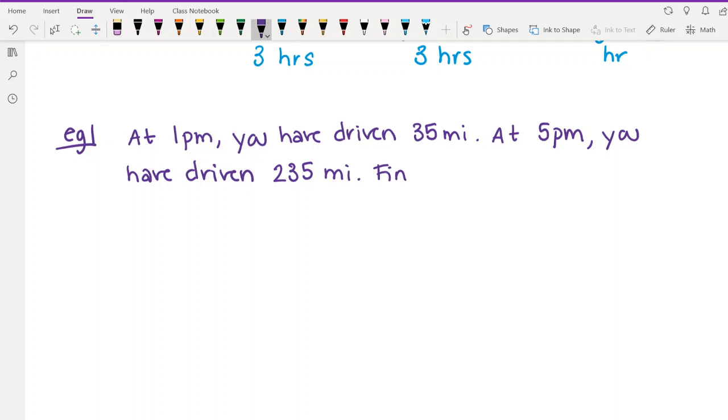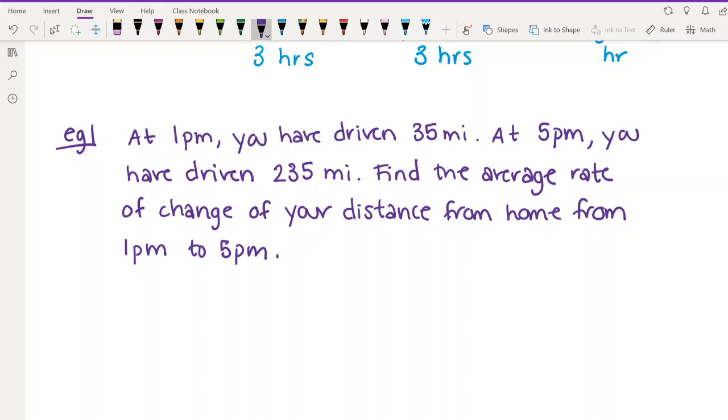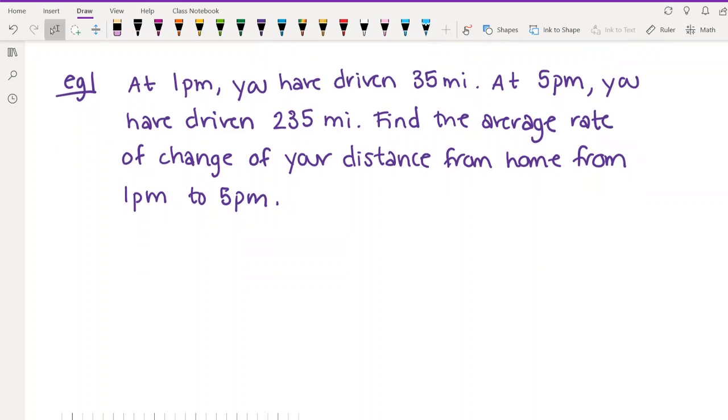And so what we want to find is the average rate of change of basically your distance from home from 1 p.m. to 5 p.m. And we'll see that there's kind of a better way to say it. It sounds very clunky to say the average rate of change of your distance from home. We'll see that there's a much nicer word that we can use for that, but I want to first phrase it this way, and then we'll interpret what that actually tells us.